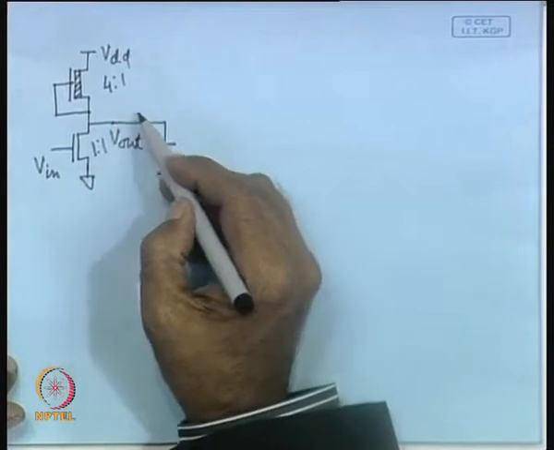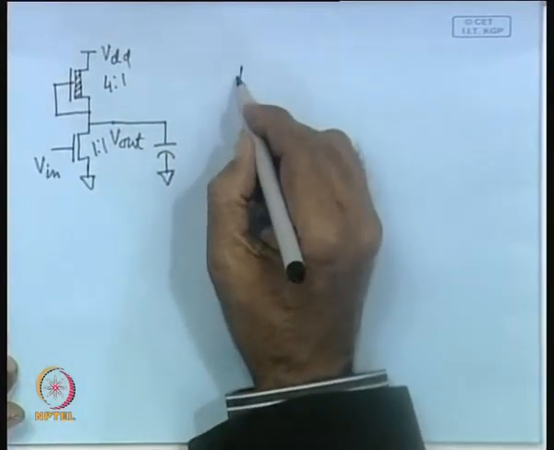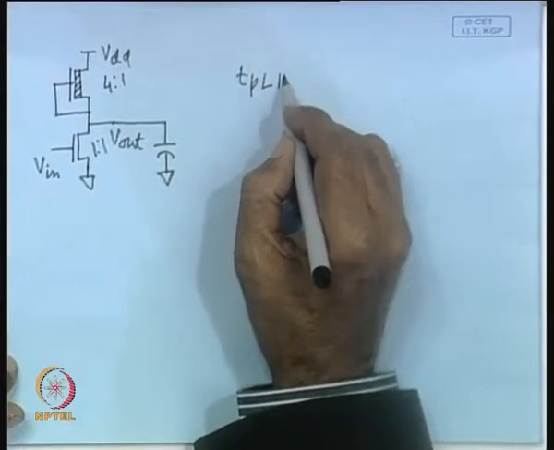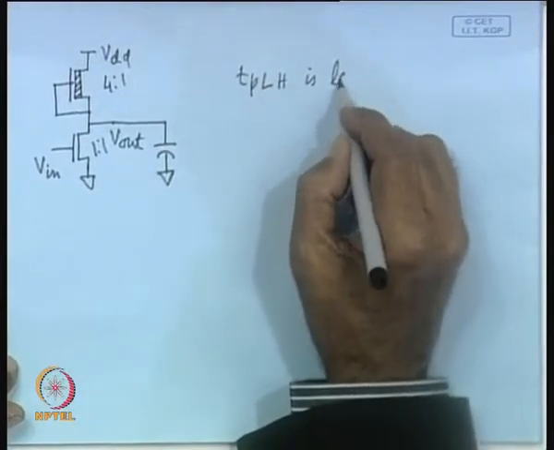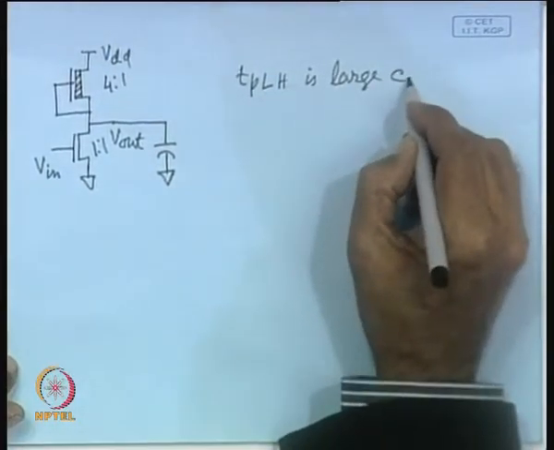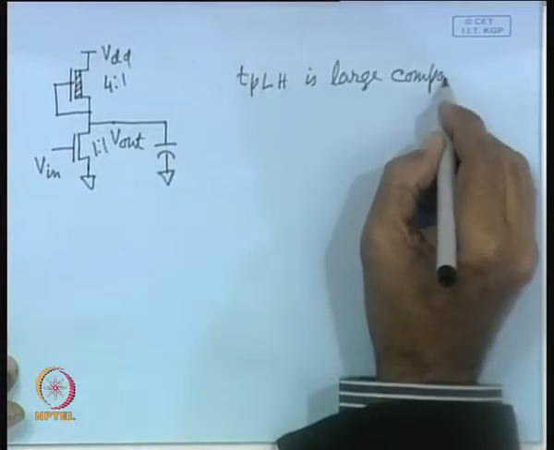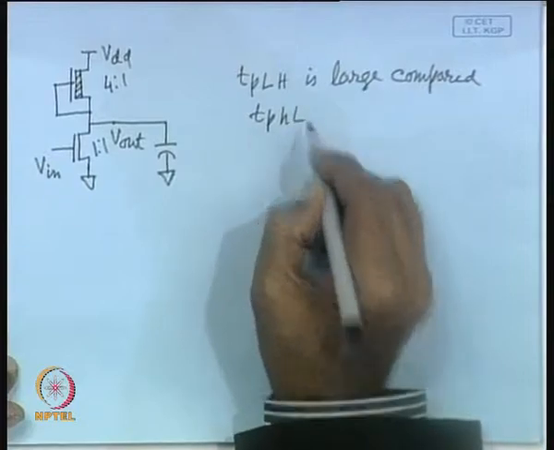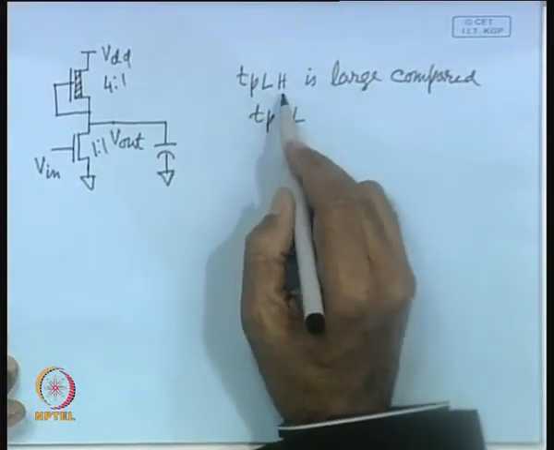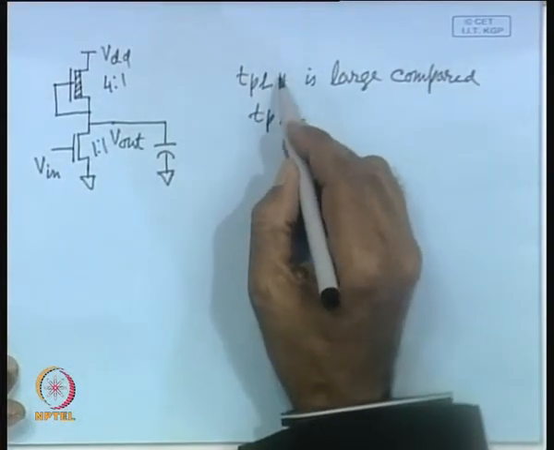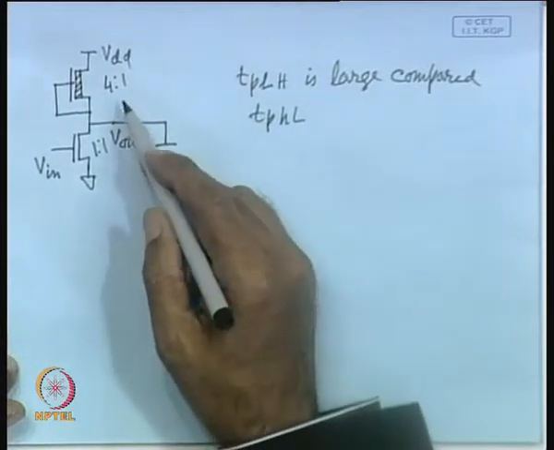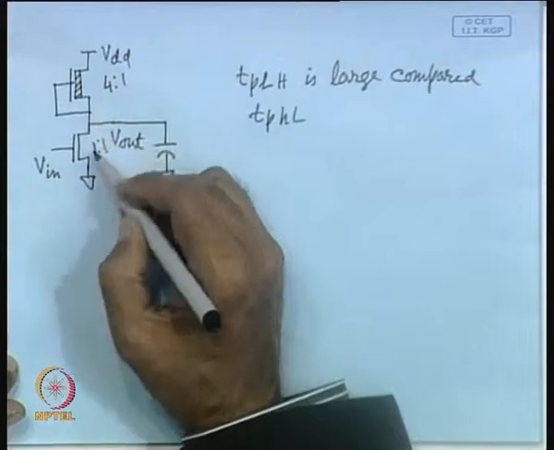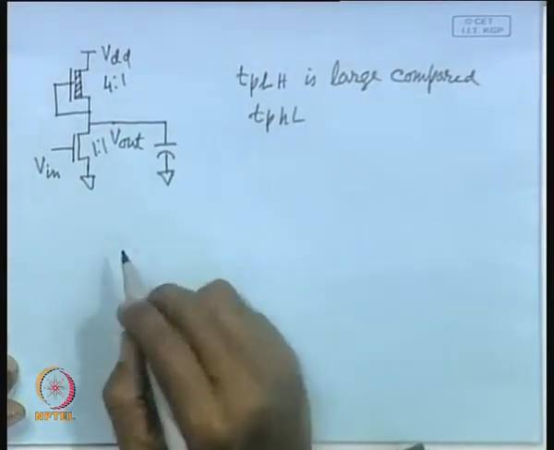As a result, the TP low to high is large compared to TP high to low. So, low to high is larger than the high to low. High to low it is getting discharged here. So, because of the ratioed logic, this is one problem.